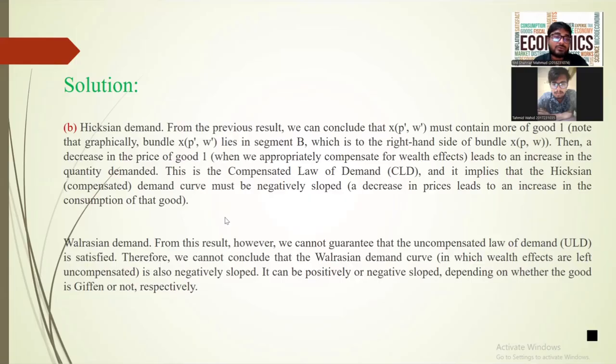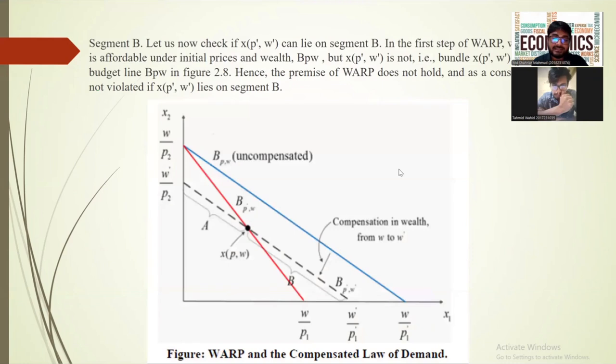And if we conclude on the Walrasian demand function, we can say that our results do not guarantee that the uncompensated law of demand is satisfied. Without compensation of wealth effects, the slope of the Walrasian demand curve is uncertain. It could be either positively or negatively sloped, depending on the nature of the good.